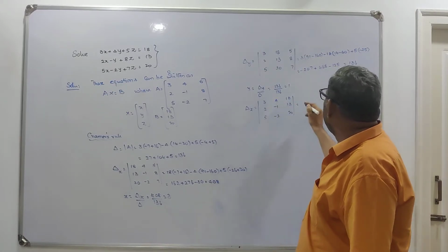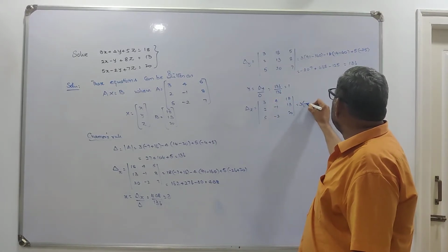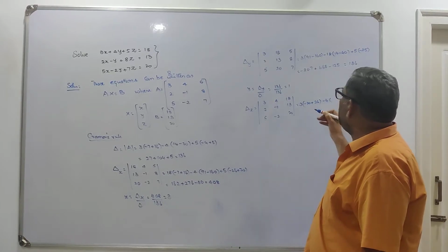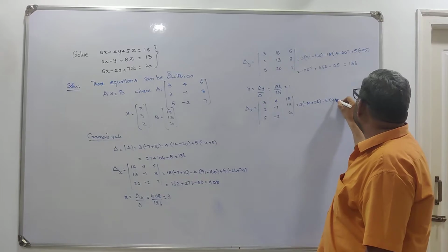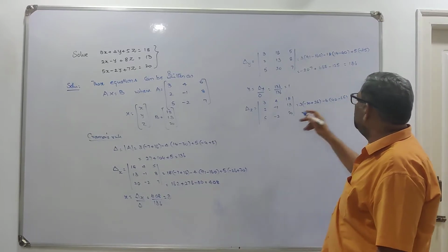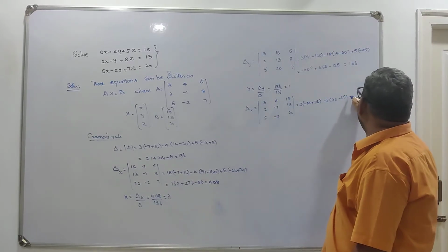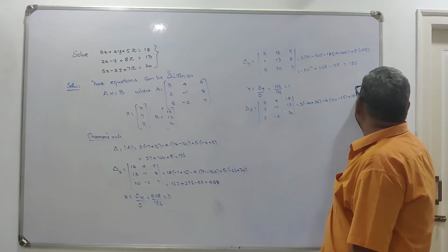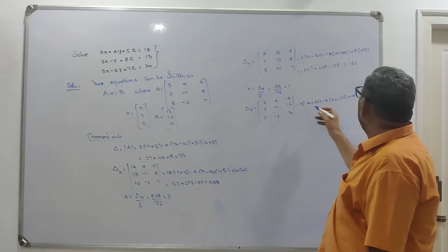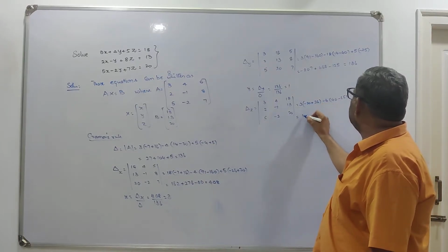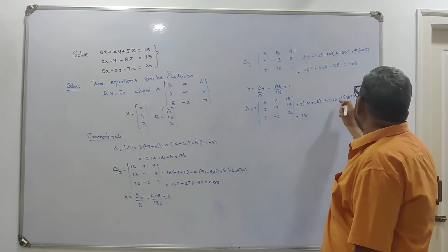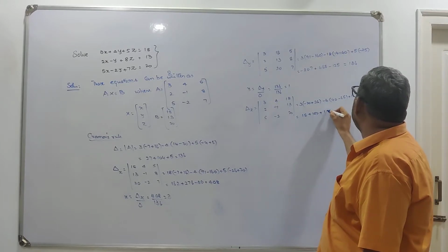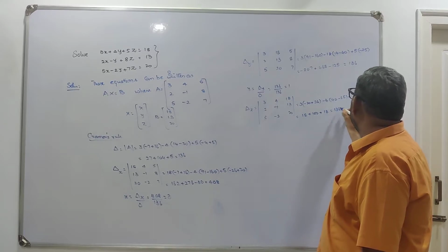Now this is 3 into minus 20 plus 26, minus 4 into 40 minus 65, plus 18 into minus 4 plus 5. So this is 18, this is 100, plus 18. This is nothing but 136.